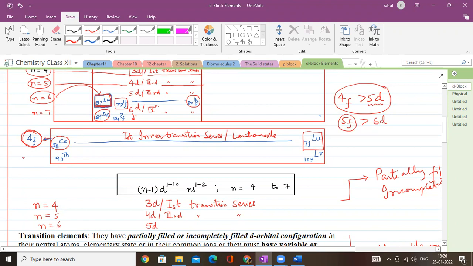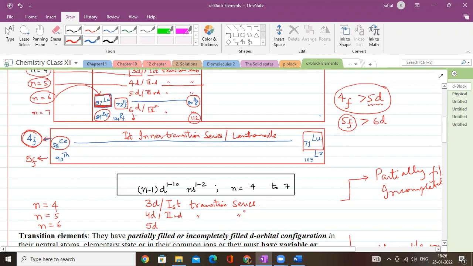So that's why the 5f series will be filled, where the first element, as I said, is actinoid 89. 90 is thorium, it goes till 103, which is lawrencium, and then 104 is rutherfordium. Here 112 will be the last element filled.